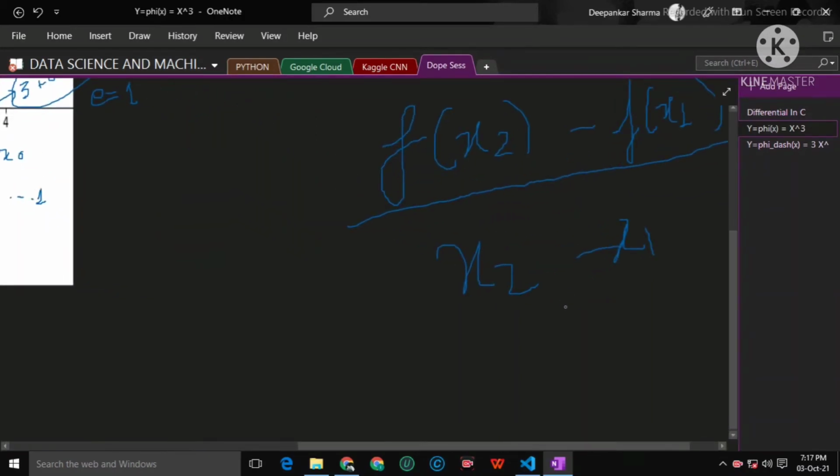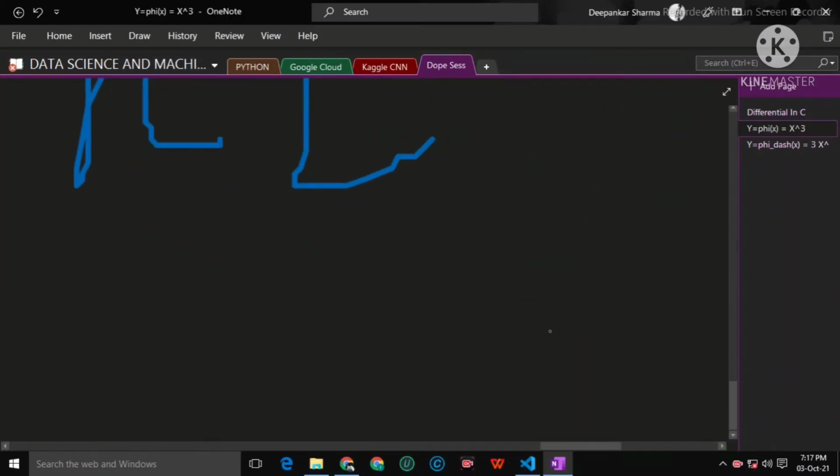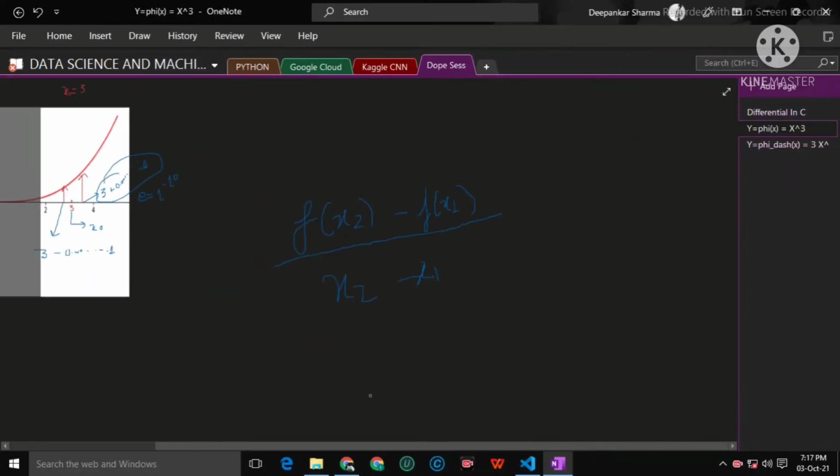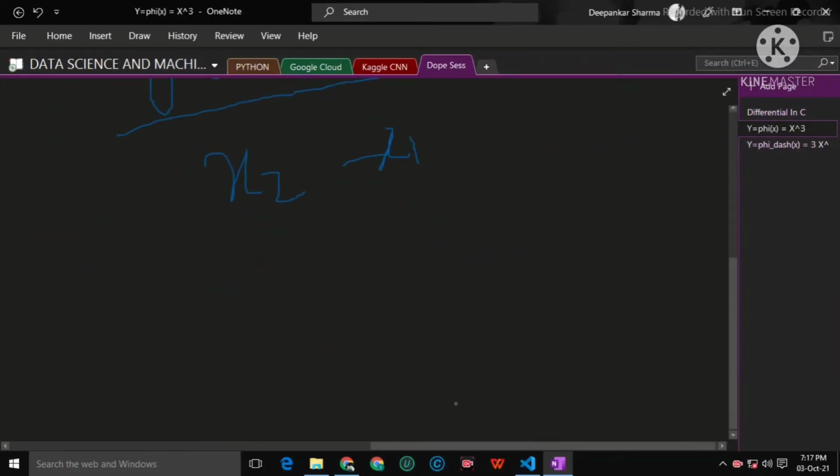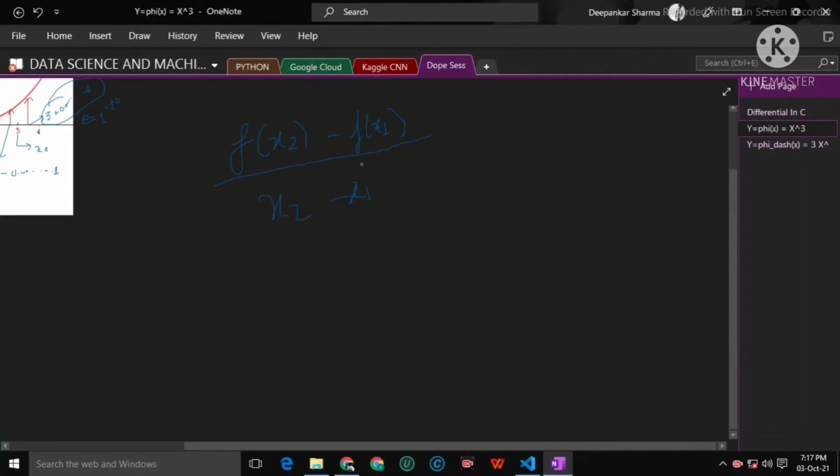So putting the values, x2 was 3 plus 0.0001, which makes it 3.000001.